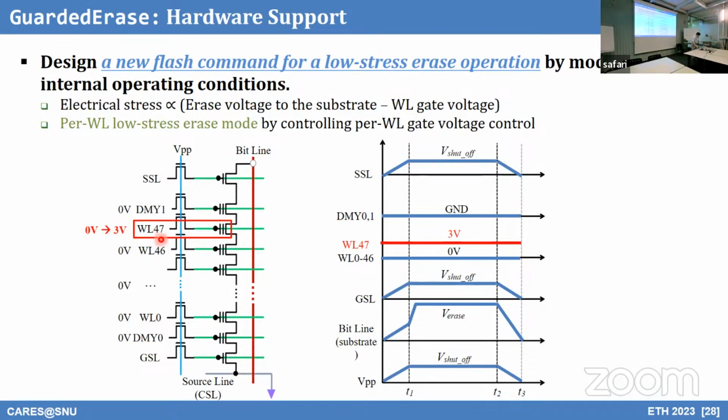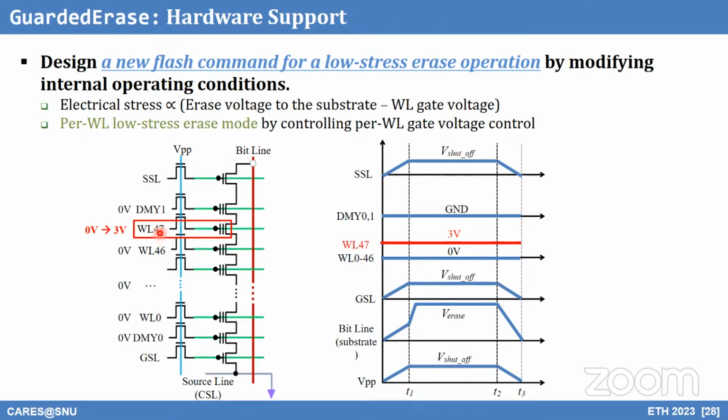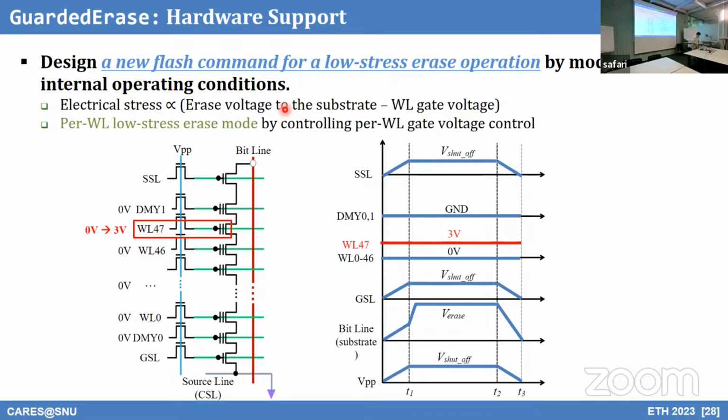When you apply low stress mode, if you can apply a higher voltage here, it will give you a low stress erase mode. We haven't tried because we cannot implement that. So if you can apply a higher gate voltage, you have lower stress. That we haven't explored.